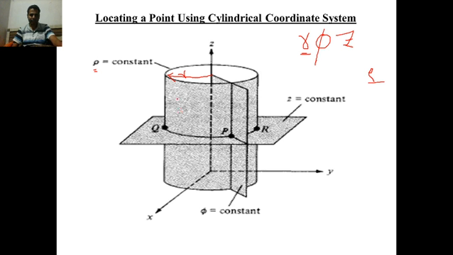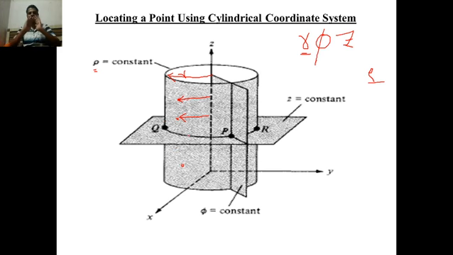Consider this outer surface of this cylinder. What is the radius of this point and radius of this point? Radius is always measured from z axis here. That's why radius of this point and radius of these points are same, because both points lie on outer surface of the cylinder. That means the first coordinate, r coordinate of these 2 points are same. Similarly, r coordinate of this point is also same with this.